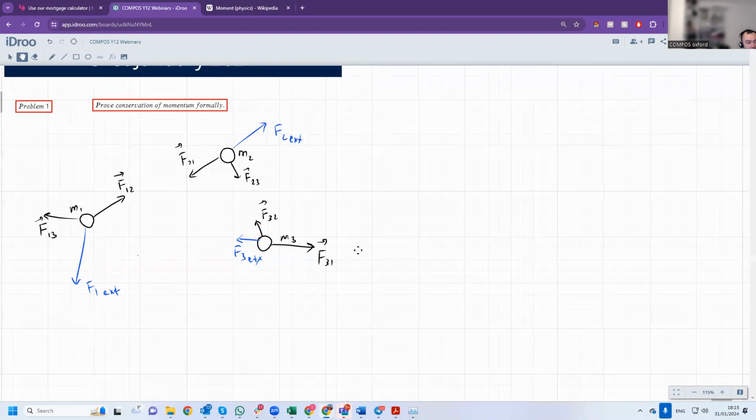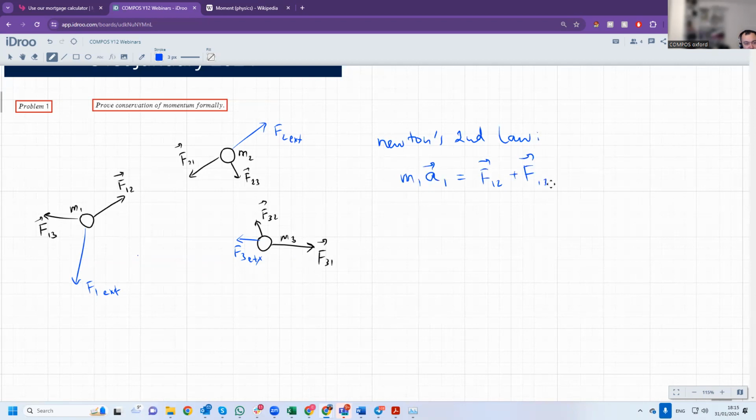Now, writing down Newton's second law. m1 times acceleration 1, which is a vector, is equal to F12 plus F13 plus F1 external.